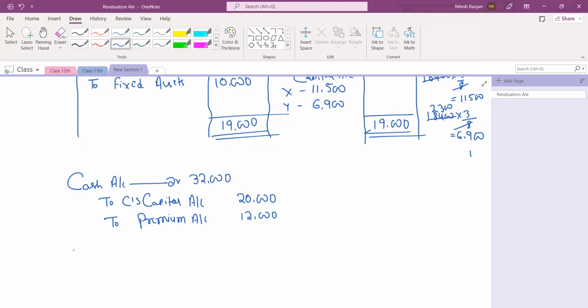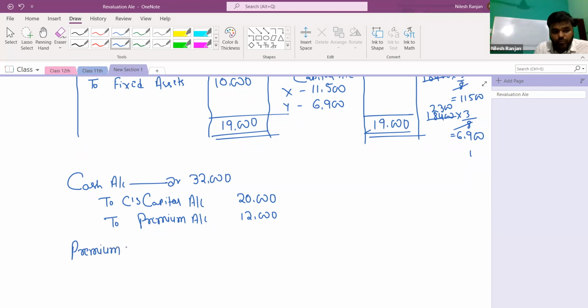After that, we have to distribute the premium account, debit to the sacrificing partner, and the sacrificing partner is only X. That's why all the premium will go to the sacrificing partner, that is X. So 12,000. And what will be the new ratio?